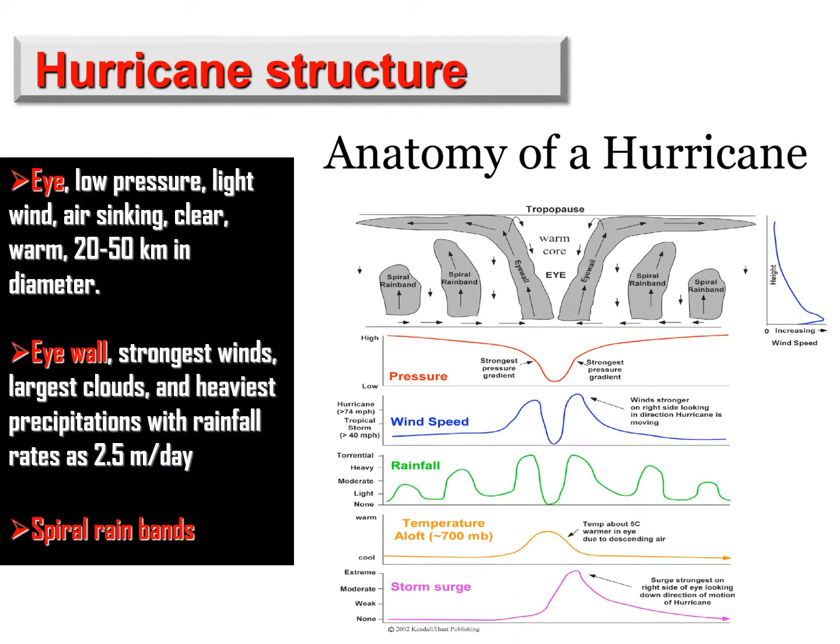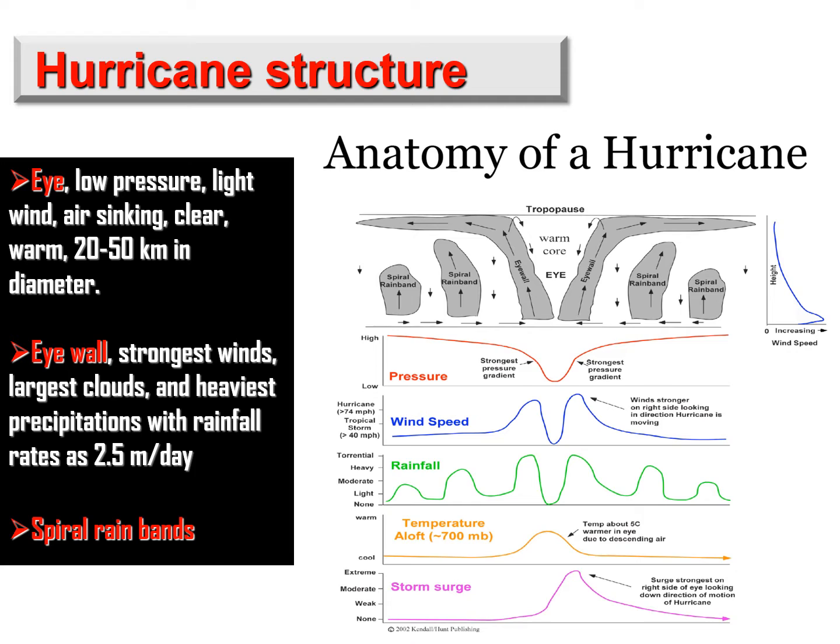Here is the vertical structure of a hurricane, the eye and the eye wall. For the eye, the lowest pressure, no wind, air is sinking and sinking, drying and drying.